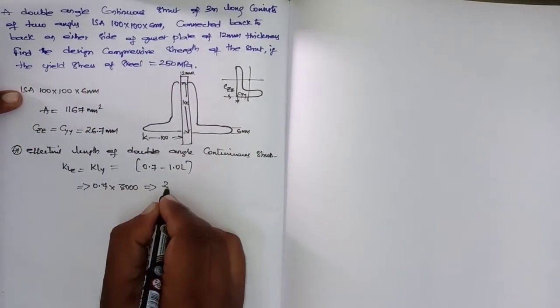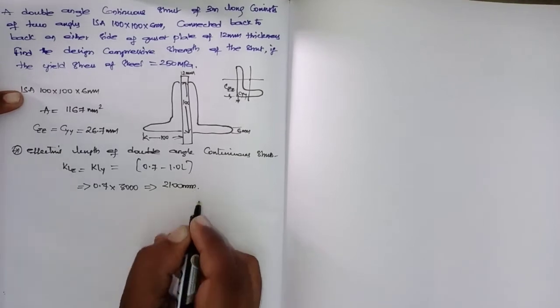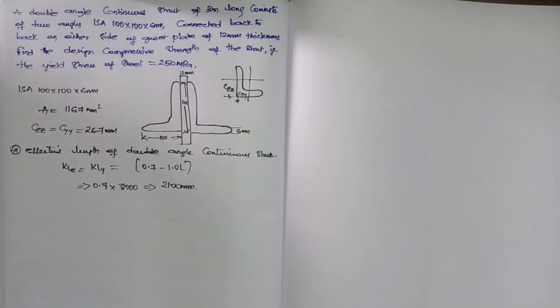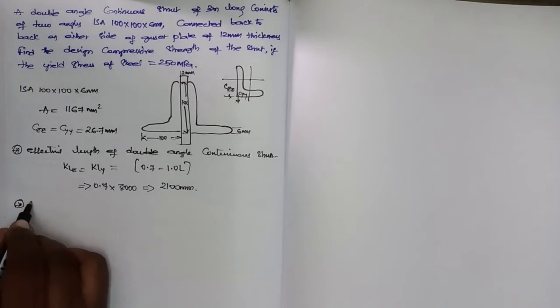So it is 2100 mm. Right? Next, coming to the radius of gyration.